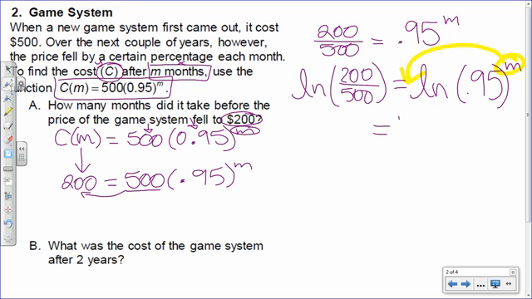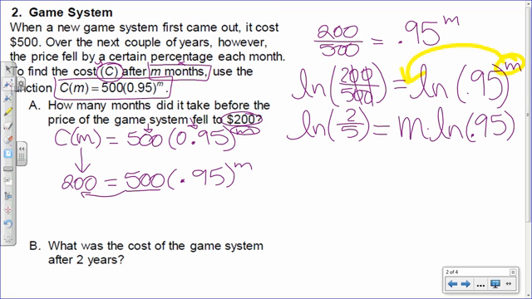And that m now is a linear quantity, and it is multiplying the natural log of 0.95. And here I could maybe just reduce this fraction to 2/5 if I want to, but I recommend that you leave it as a fraction. So now lastly, remember we are solving for m.